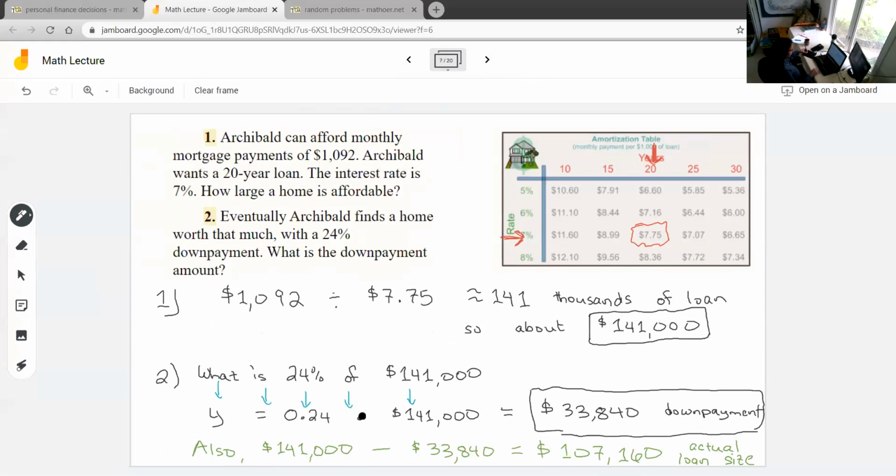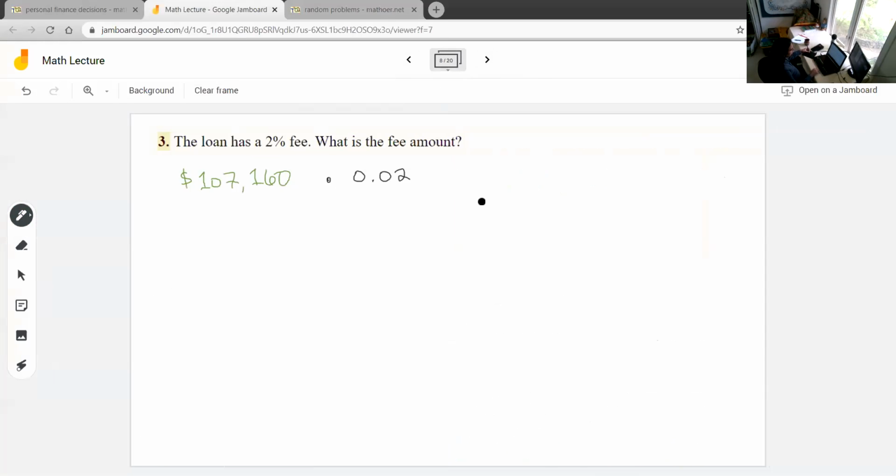Last time I translated it, but I think you're seeing the pattern by now. Is it okay that I skipped the translating step? Anyone want me to go back and write it? We're okay. Okay.